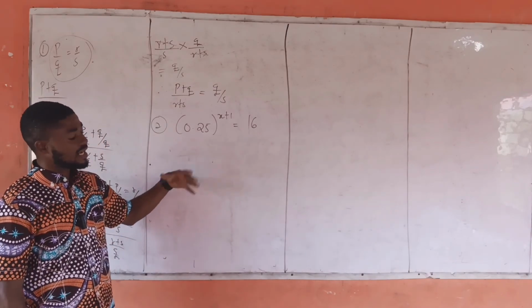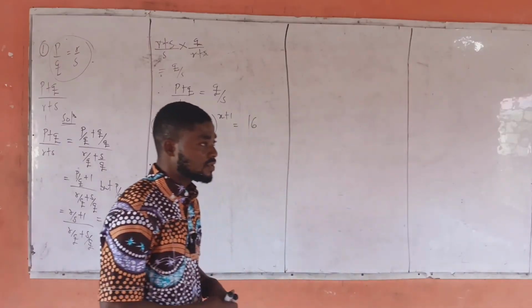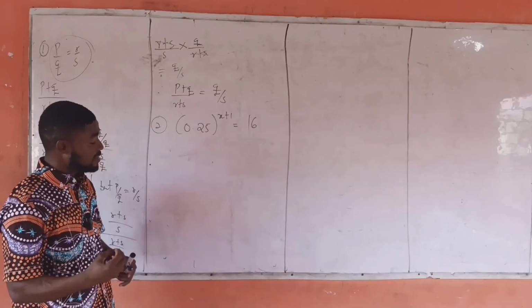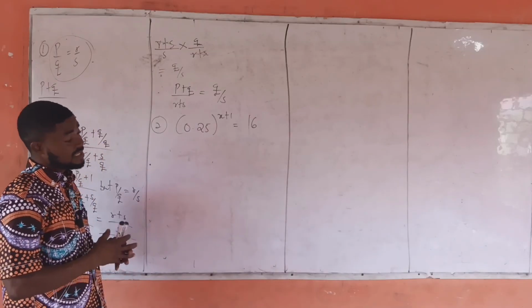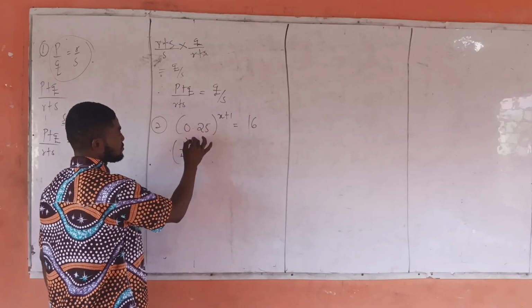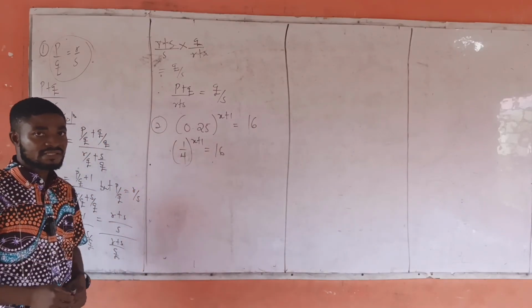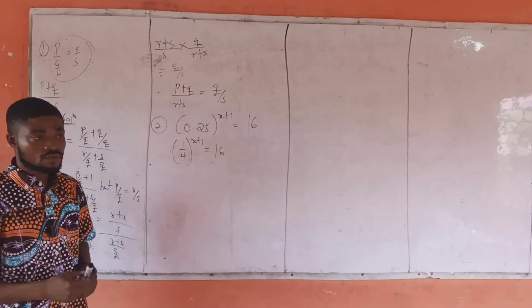When you see a decimal, try and see if there is a common number that decimal can be broken into. 0.25 is the same as 1 out of 4, and 1 out of 4 is also the same as 2 raised to the power negative 2.